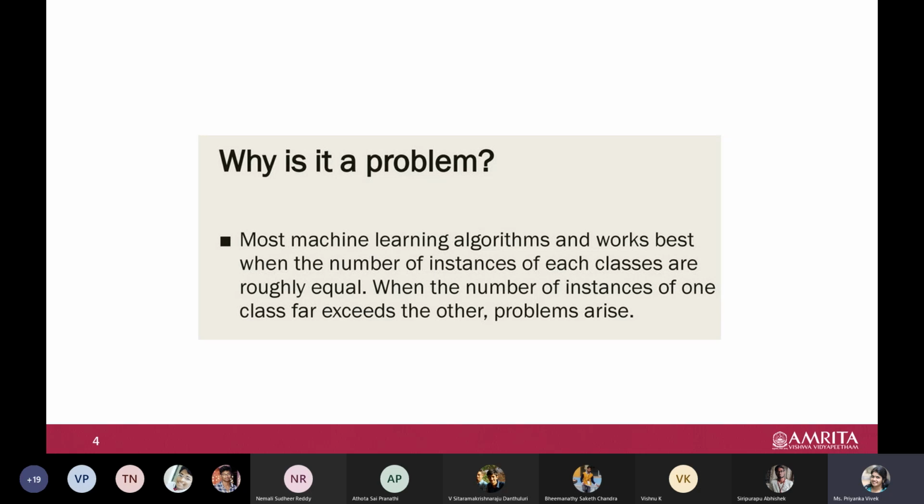So why is it a problem? First of all, we have already seen that the measures we use need not give equal weightage to all classes. Sometimes when we say accuracy, we just mean the total number of correct predictions. So what happens, say in the previous example, I said only 10 samples with cancer and all other patients in that 4,000 data are without cancer.